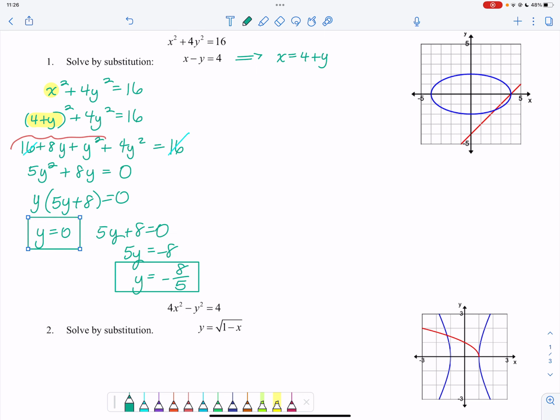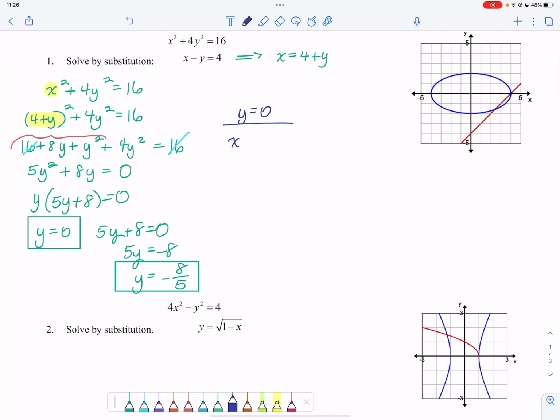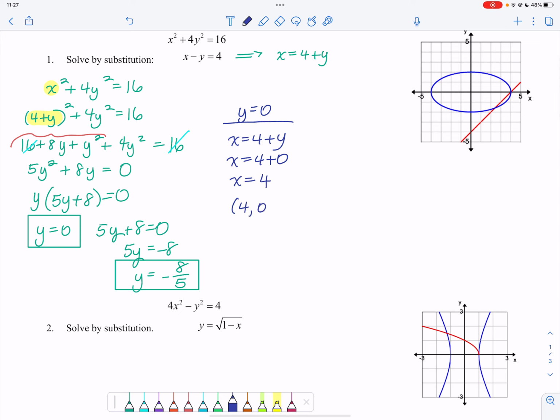So now, if y is equal to 0, we know that x is equal to 4 plus 0, and x is equal to 4. So if x is 4 when y is 0, we have a point 4, 0.